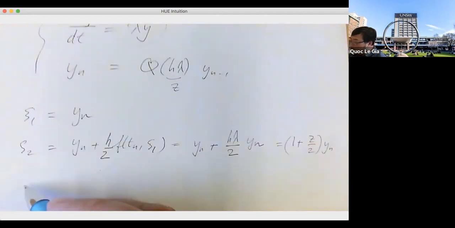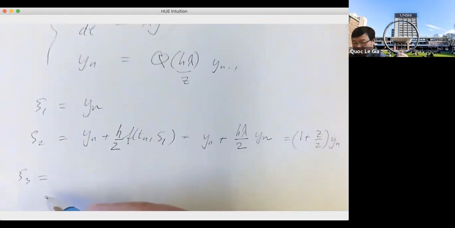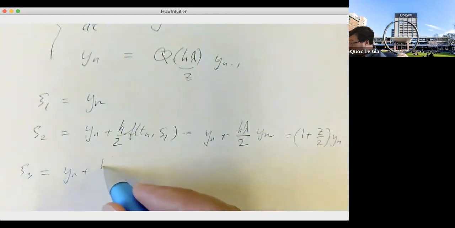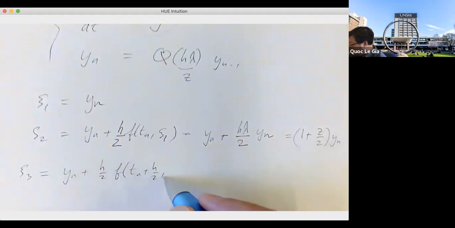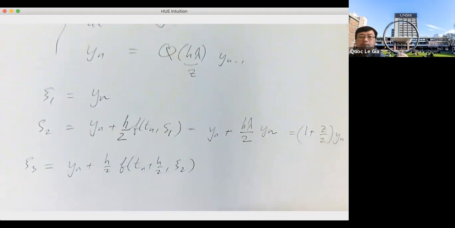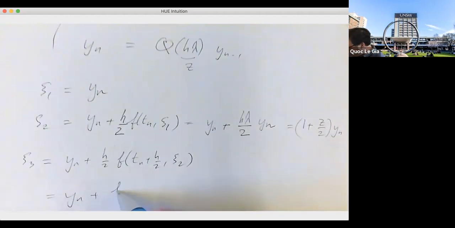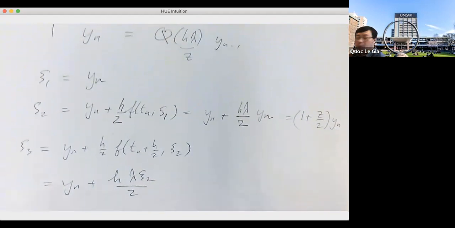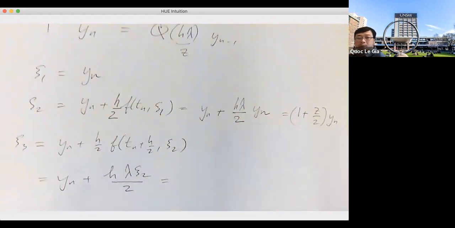And then you can put in xi3. So xi3 is yn plus h over 2 f of Tn plus h over 2 xi2. So what is yn plus h lambda xi2 over 2? Because we got xi2 here already, you just plug it in.